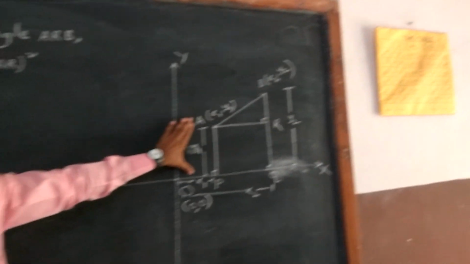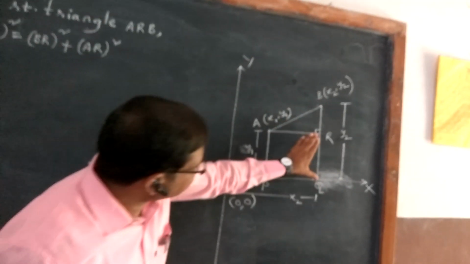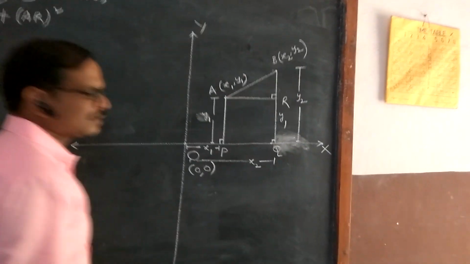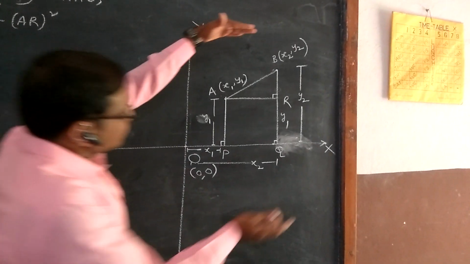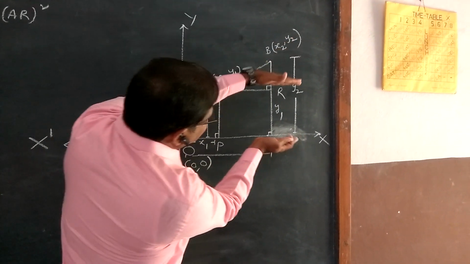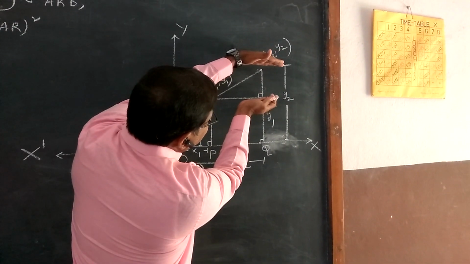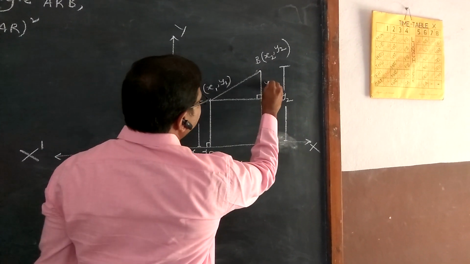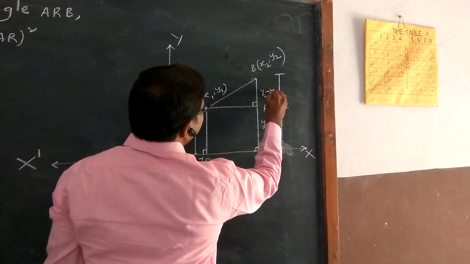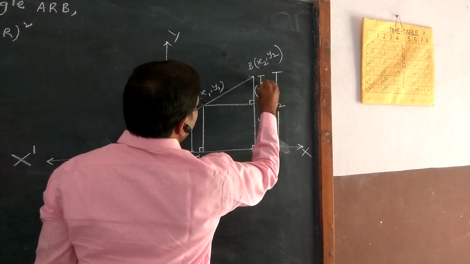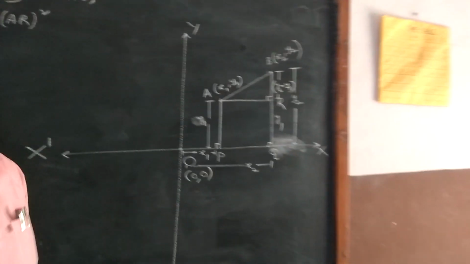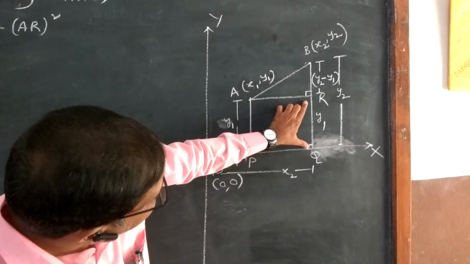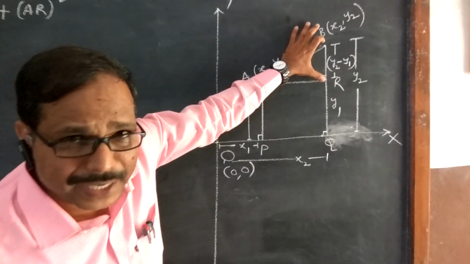Clear? Now since this distance is y1, the opposite side is also y1. Total is y2 and this is y1, so this will be y2 minus y1.